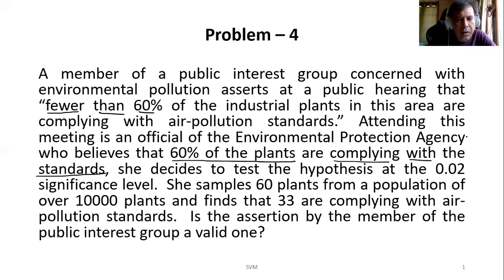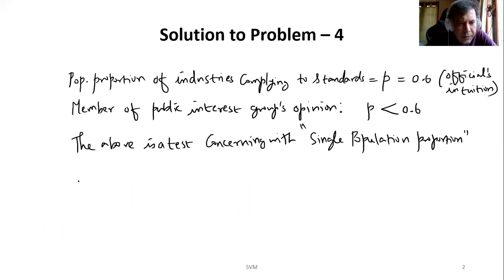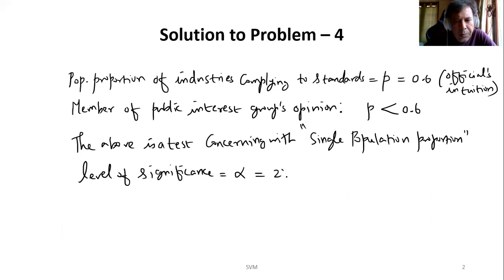Then further, what is there? She decides to test the hypothesis at the 0.02 significance level. So level of significance, which is denoted by the symbol alpha, is 2% or 0.02.